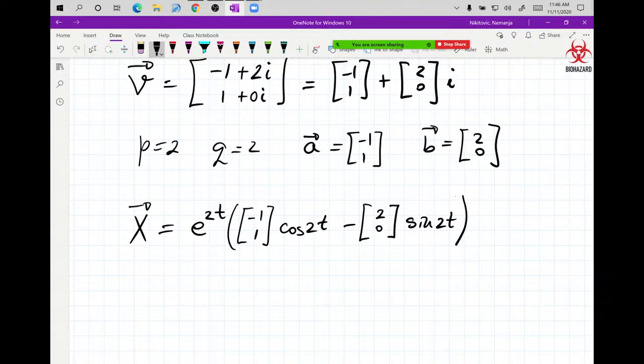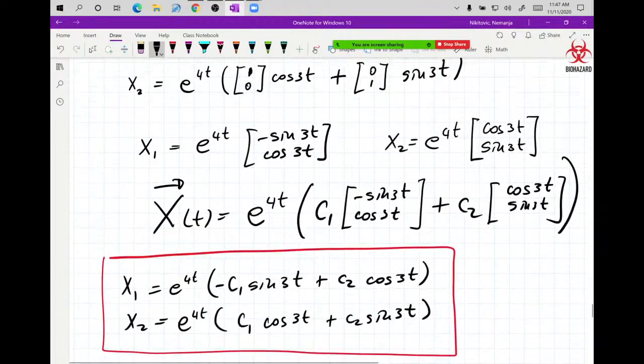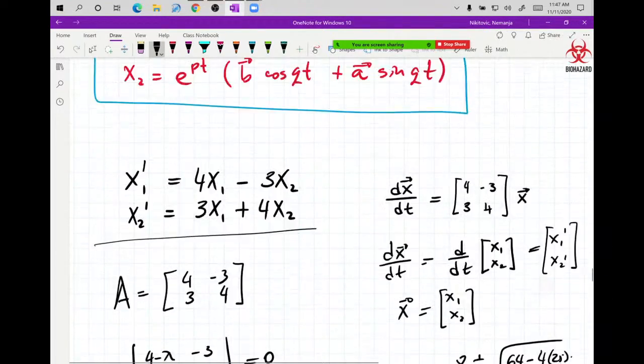Oh, before I do that, this was x1, sorry. x2 is e to the 2t. I was looking, I was like, what's wrong? I'm missing something. There's a whole second part that I'm missing that has this one. There we go. Now, what is that second part, guys? If we go back, we already had this one.